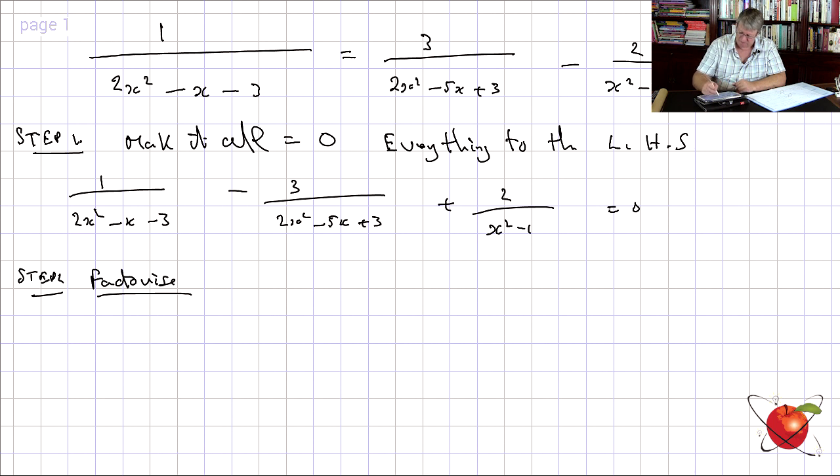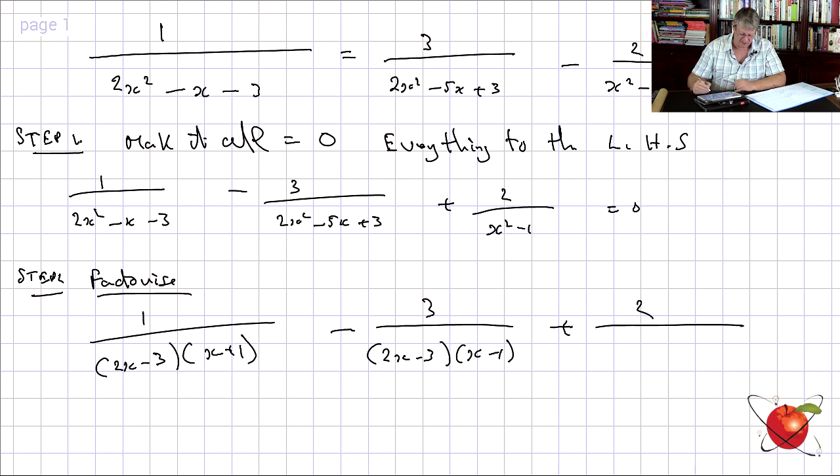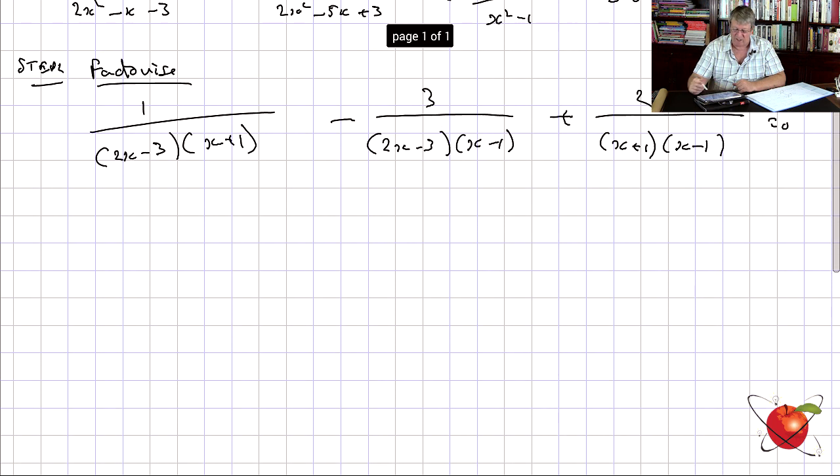We say 1 over 2x minus 3 and x plus 1, minus 3 over, that's also a trinomial, 2x minus 3 and x minus 1, plus 2 over, that is a difference of 2 squares. Look how long they start getting. This is one of the more difficult ones, but it gets very long.